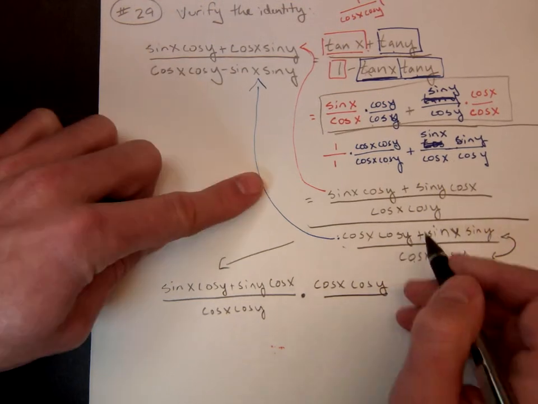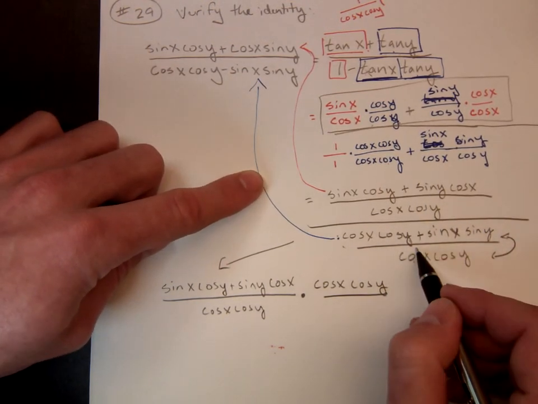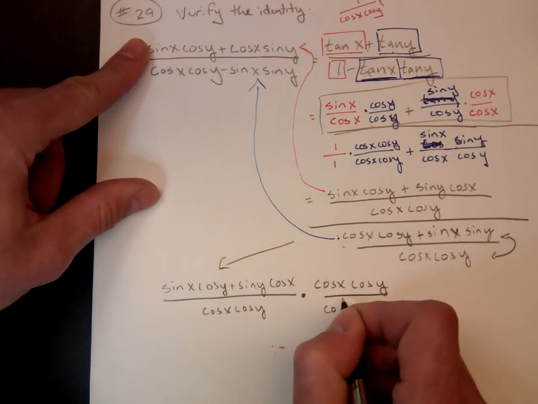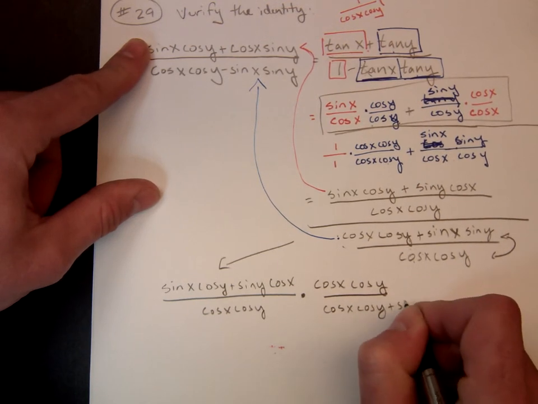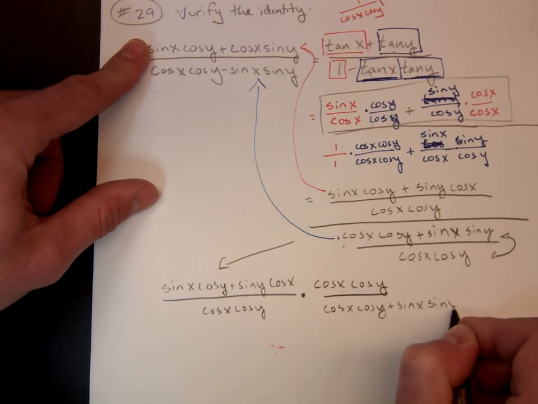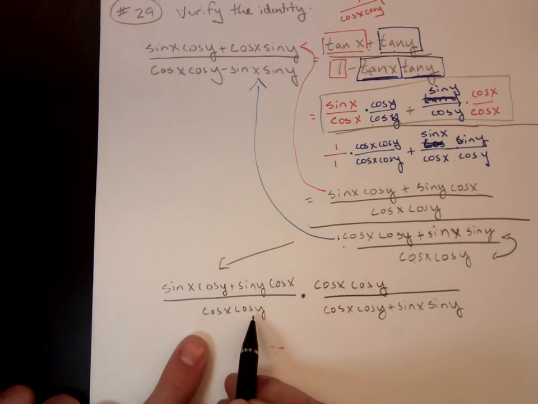Again, we know from our fraction rules that dividing by this is the same thing as multiplying by the reciprocal, over cosine x cosine y plus sine x sine y. Okay. And if you notice here, I can always cross cancel.